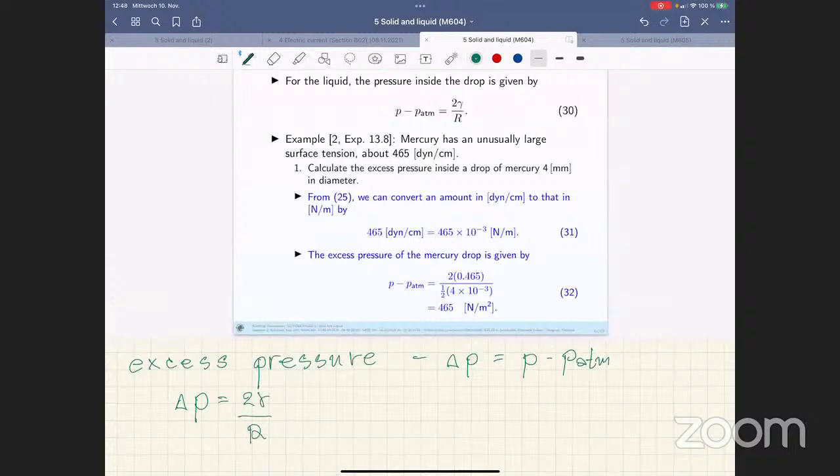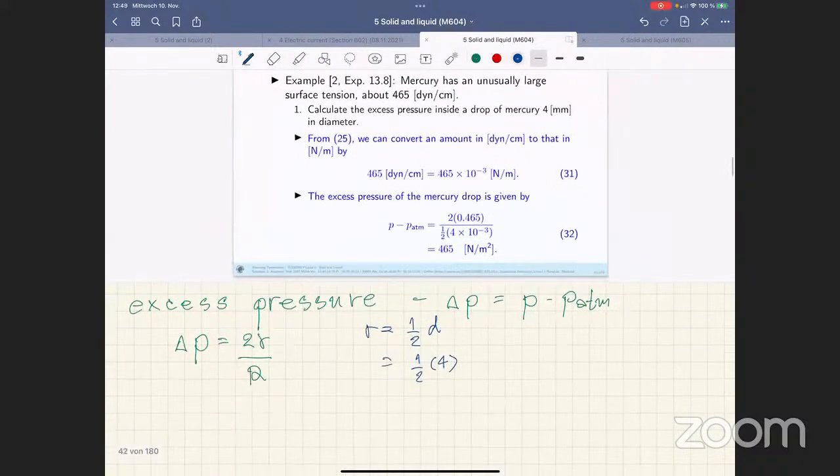And what we need to find is the following: the radius is 1/2 of the diameter, which in this case is 4 millimeter, 1/2 of 4, right? It's equal to 2 millimeter, and in terms of meter, it's 2 times 10⁻³ meter.